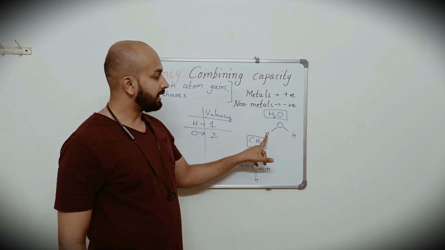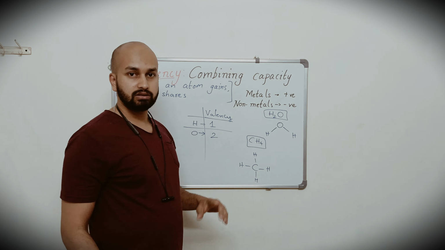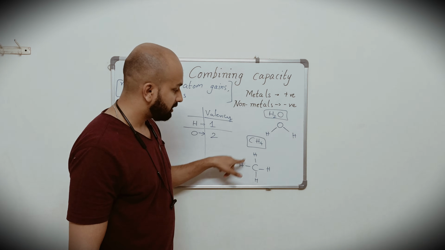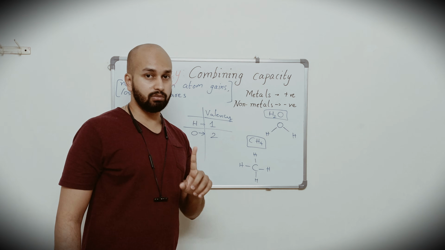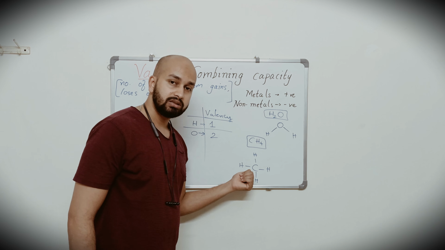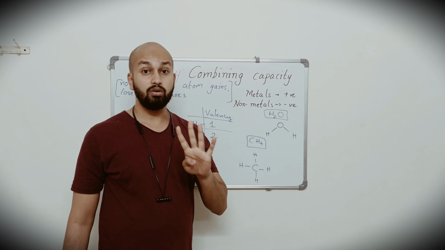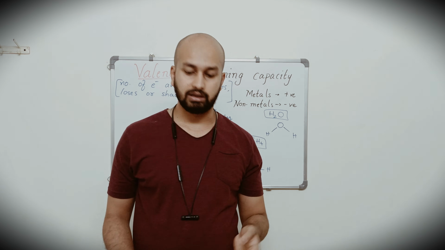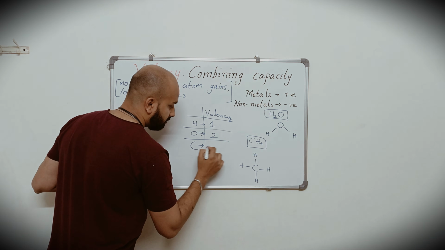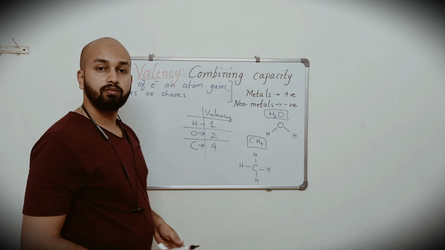Like I said earlier, hydrogen has valency 1, which means it is always going to make one bond. So you can see all 4 hydrogen atoms are making a single bond, whereas the carbon in the center is making 4 bonds. This suggests that the valency of carbon is 4.